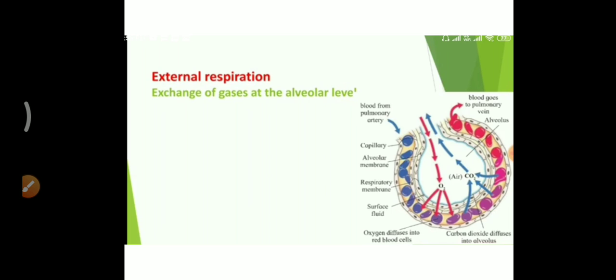The travelling of oxygen starts from your nostril, then the nasal cavity, after that pharynx to larynx. After the larynx, the trachea starts. The trachea is divided into two parts, the bronchus. The bronchus has a secondary division, the bronchioles, and the last one is the bronchi. This bronchi opens into the air sac. What is the air sac? The air sac is called the alveolus.